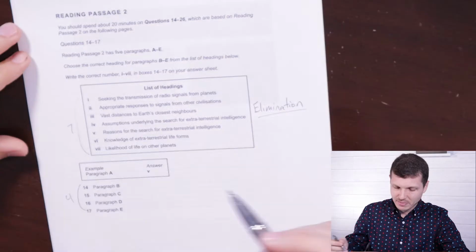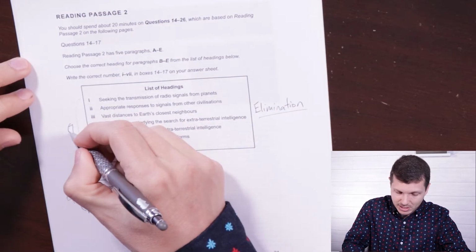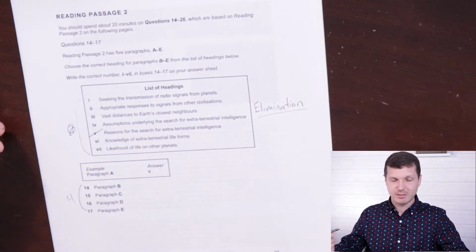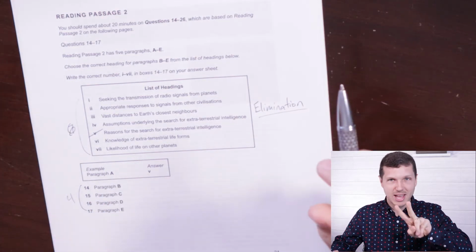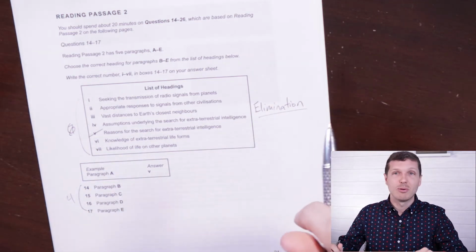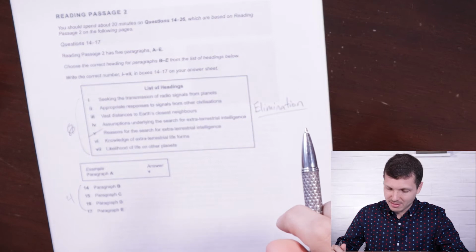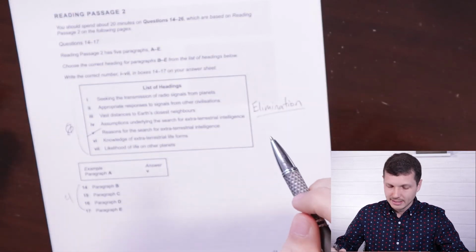It really does. So 5 is already used. I'm going to mark it off. Now I only have 6 answers and 4 questions left. So I know 2 of these I will not use. You cannot use these more than 1 time. Okay? That's number 1 thing to know about list of headings.